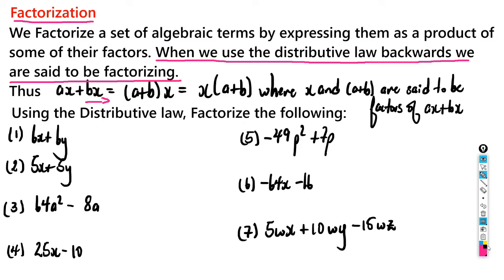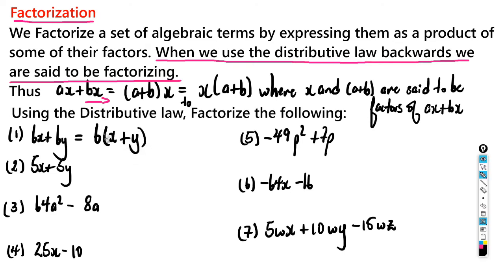It says use the distributive law to factorize the following, right? There should be a 2 there. So in this case, we have 6x plus 6y. And what's common about these two terms here? Clearly, it's 6. So 6 can go into 6x and leave x, and 6 can go into 6y, leaving y, right?